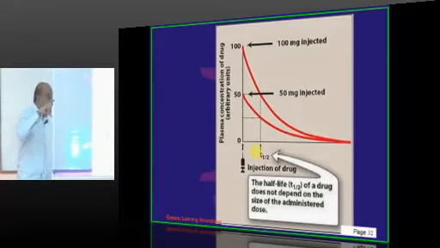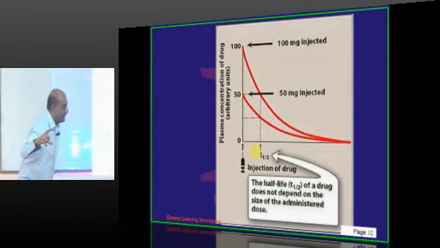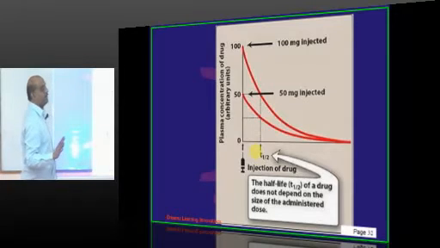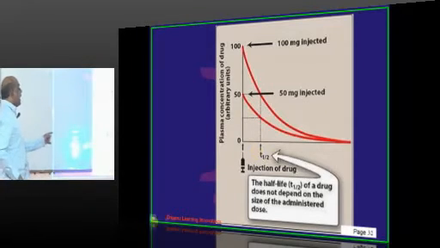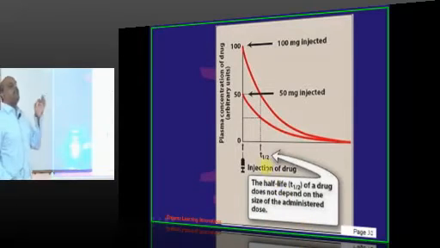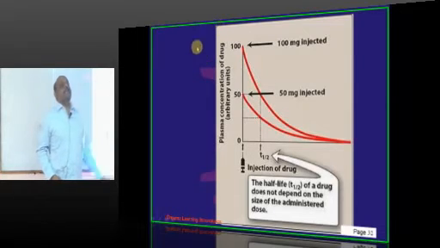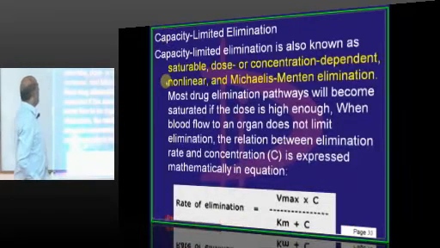Will this half-life be different if the dose of the drug taken is different? Is the question of the examiner. What will be your emphatic answer in tomorrow's exam? The half-life of a drug does not depend on the size of the administered dose. Administered dose can be anything, but the half-life will be the same, is what you have to basically remember.